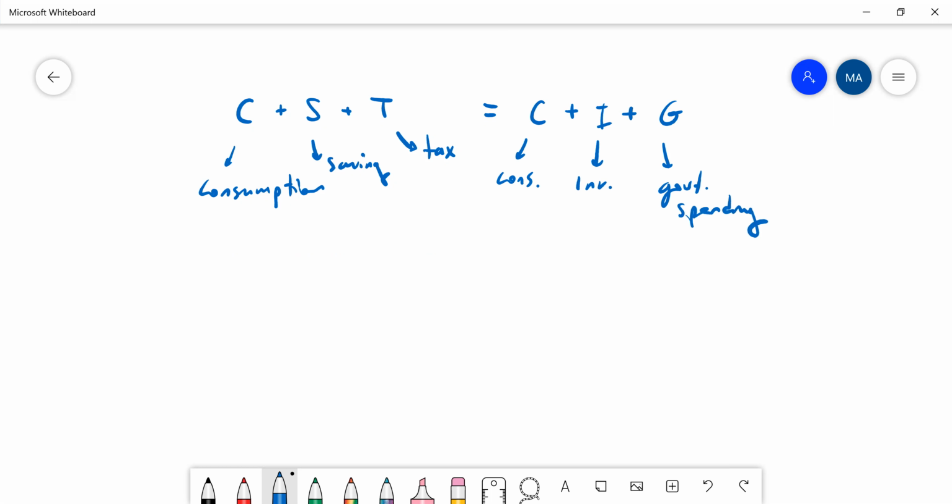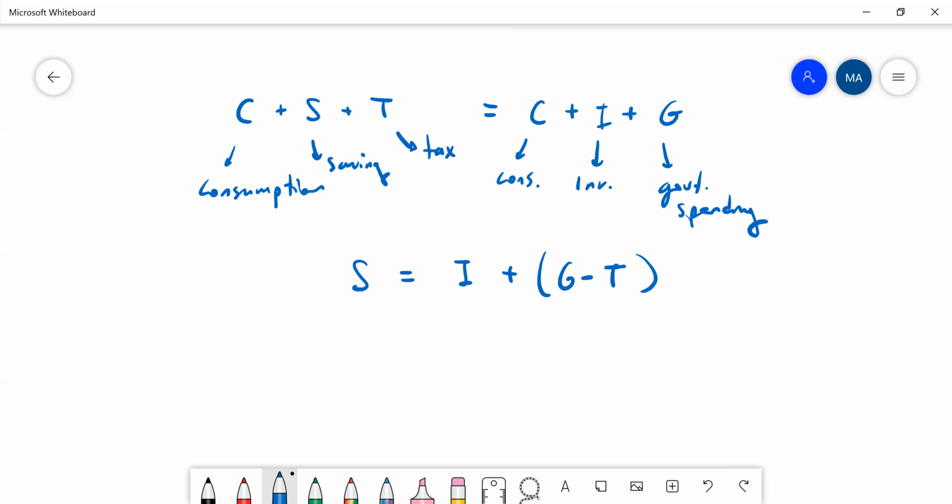And this is government spending. Now, what do we know from this? Well, we know saving will be equal to investment plus this. What does it tell me?